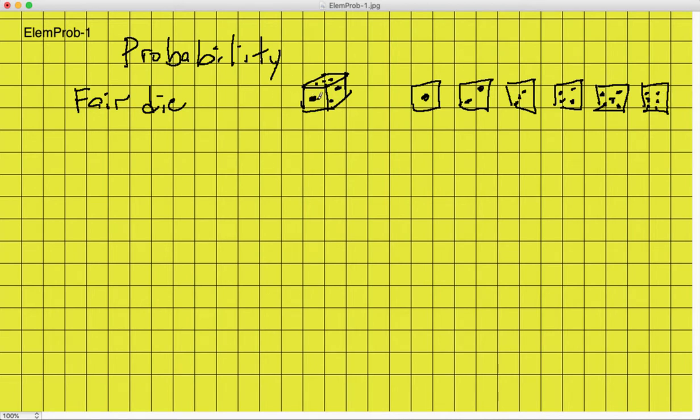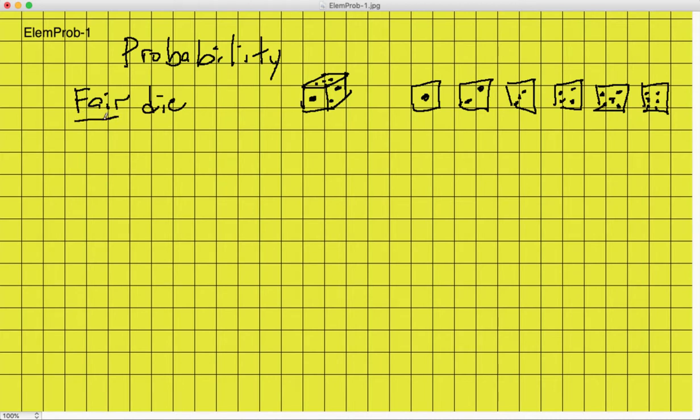Each one of these faces corresponds to one of these. We think about picking up this little cube and rolling it out, and one of these faces is going to be facing up when we're done.